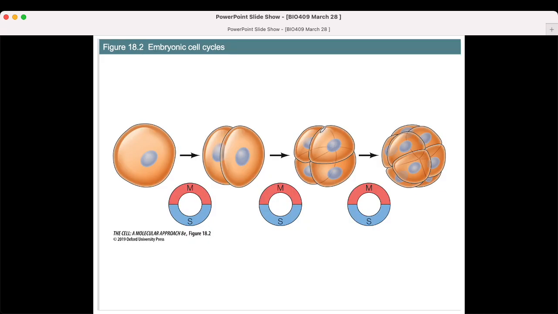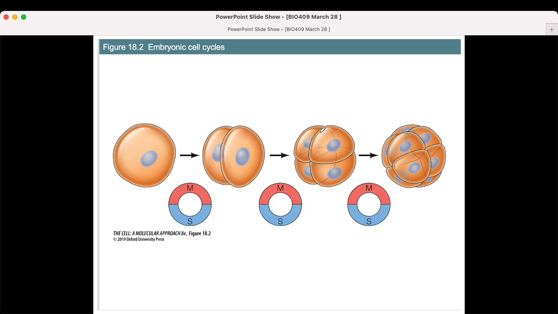All right, the book's talking about this and just talking about the cell cycle a little bit. This just shows that really often in early embryos, especially non-mammalian embryos that are growing really fast, like the little frog and salamander eggs in the ditches around here right now that are getting laid, those develop really fast. And the interpretation is that there's a lot of natural selection pressure to form a tadpole as fast as possible so it can swim away from predators.